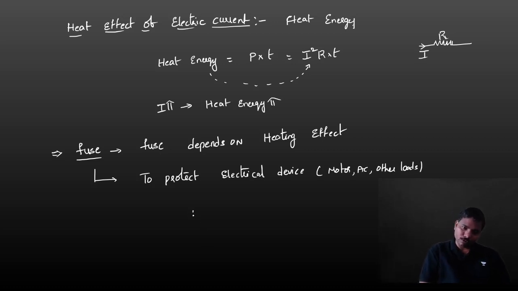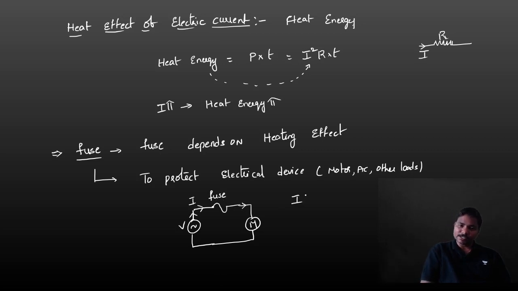For example, if you have the applied voltage, here we have connected one fuse to the motor. The connection goes through the fuse and then the motor. Whenever you apply the voltage, current flows through the fuse, and after that through the motor.